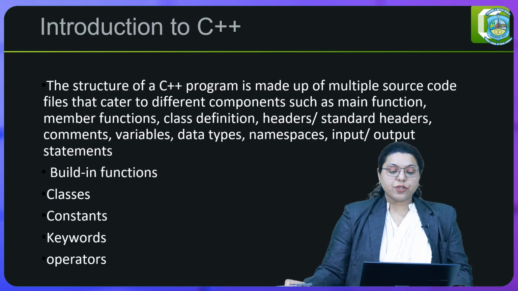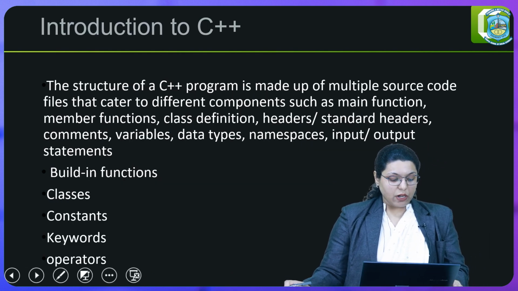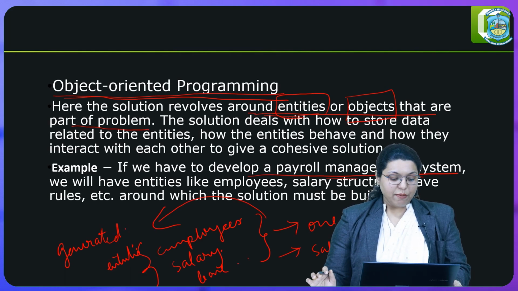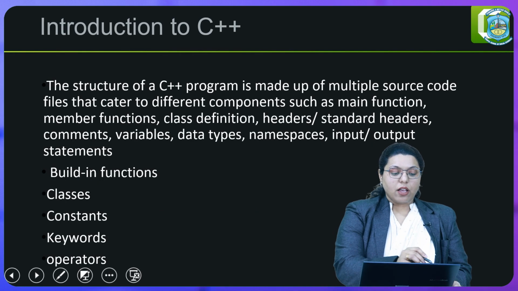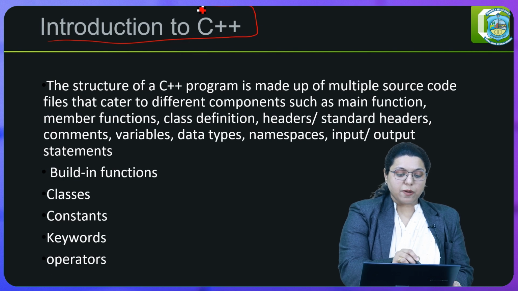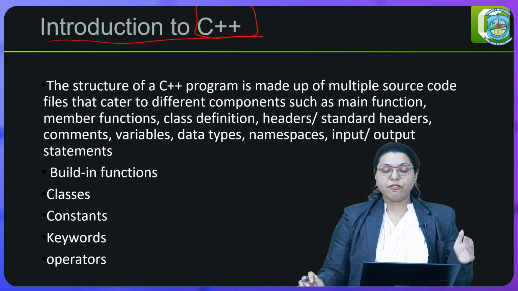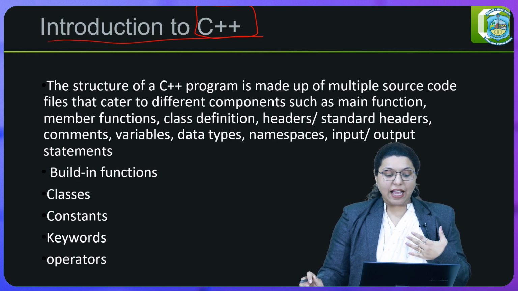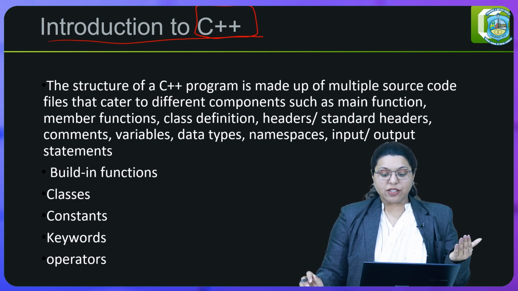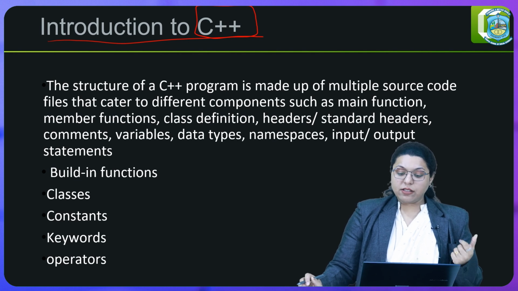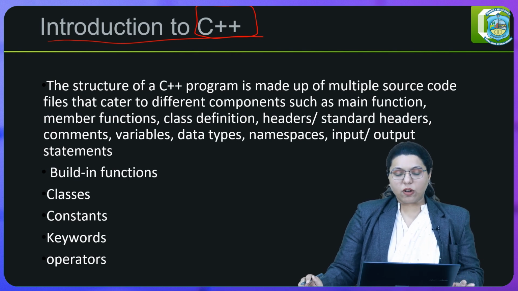Next is introduction to C++. In object oriented programming, we will see a particular programming language, that is the C++ programming language. Now, C++ is made up of multiple source code files that cater to different components such as main function, member function, class definitions, headers, standard headers, comments, variables, data types, namespaces, input output statements, and so on.